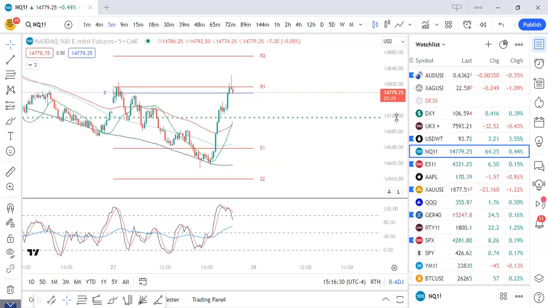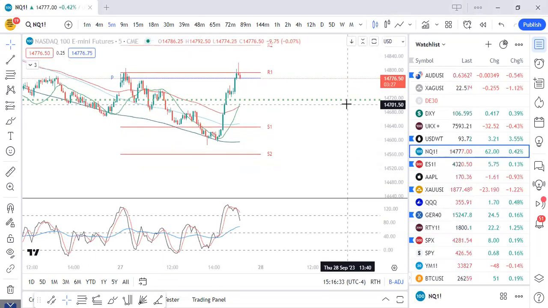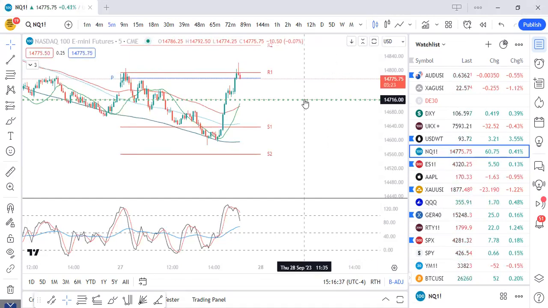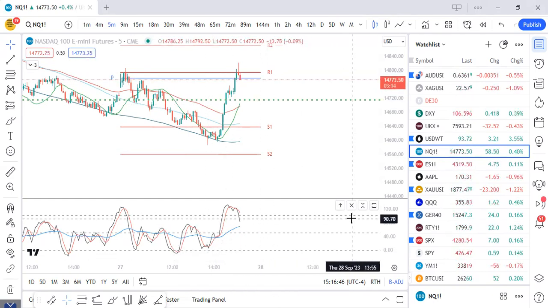Now again, we are expecting it should come down to this dotted line, which is yesterday's close, and then we expect it to go to R2 again, right? Possible. If you see the setup on the indicators, yes, why not?